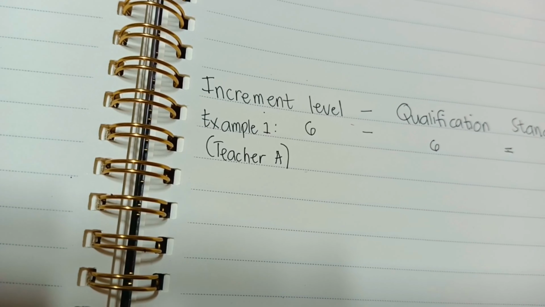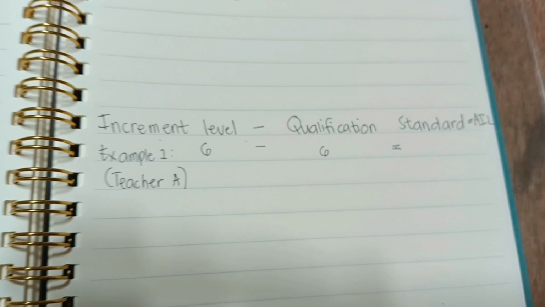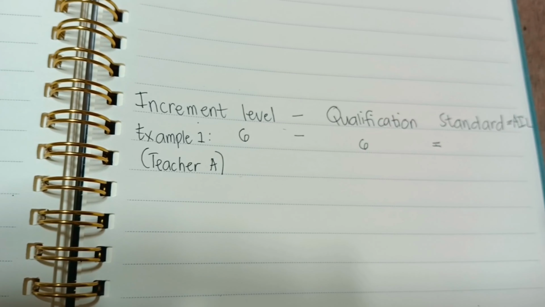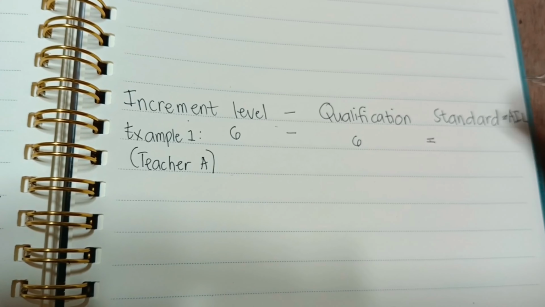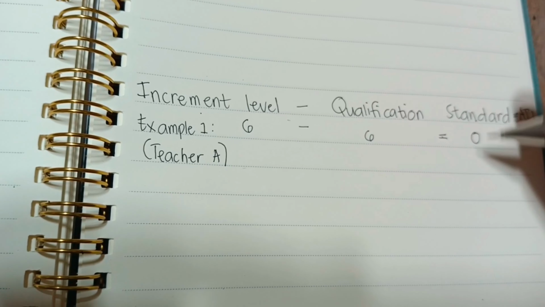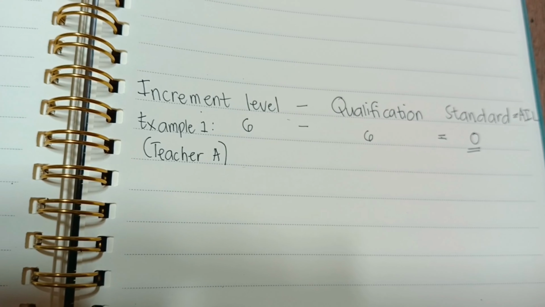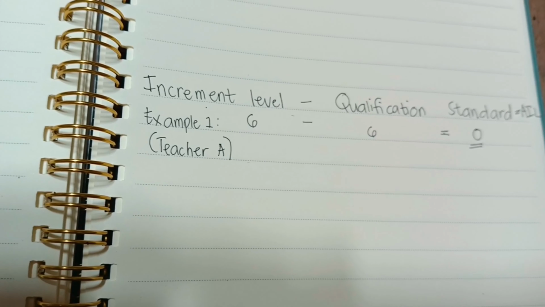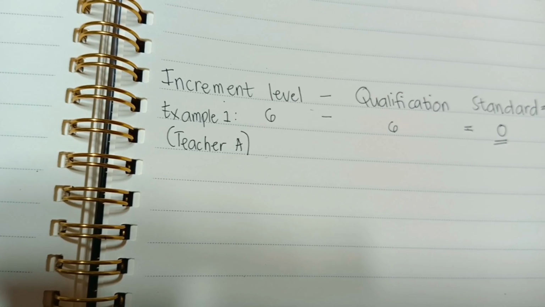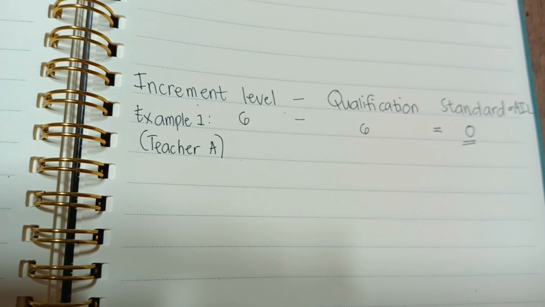Therefore, our actual increment level is 6 minus 6 is 0. Now, once we have identified the actual increment level, we will refer to the weight allocation table.